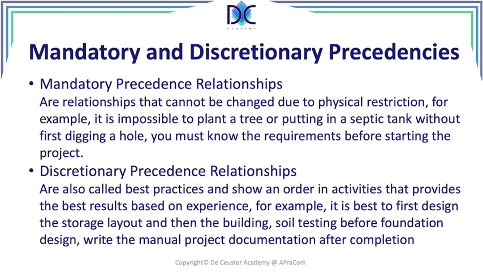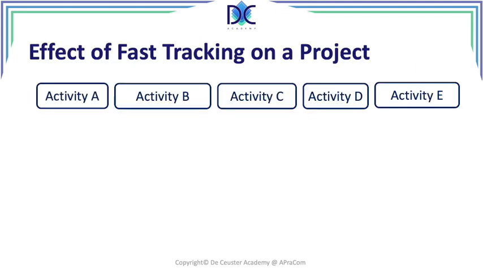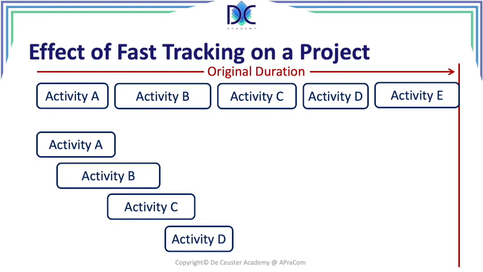Now, the effect of fast tracking on the project. Let's have a look. Here we have 5 activities. Let's say this is the critical path, and we do these activities: first activity A, then B, C, D, and then E. So we find the original duration of the project, and what we're going to do now is to put activities A, B, C, and D in parallel. They're going to start earlier than originally planned.